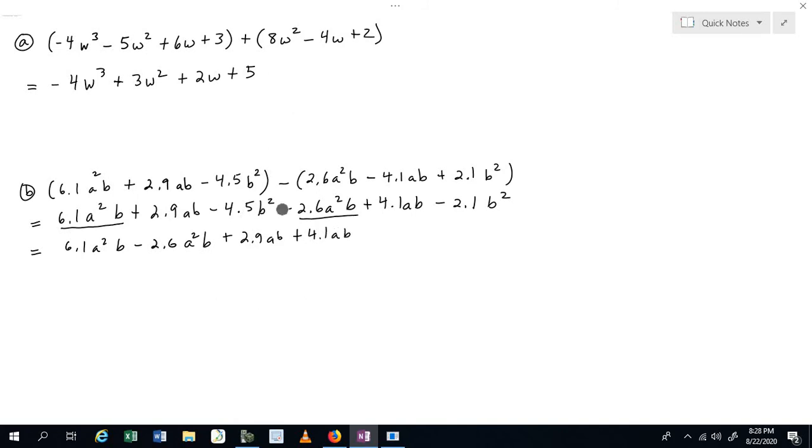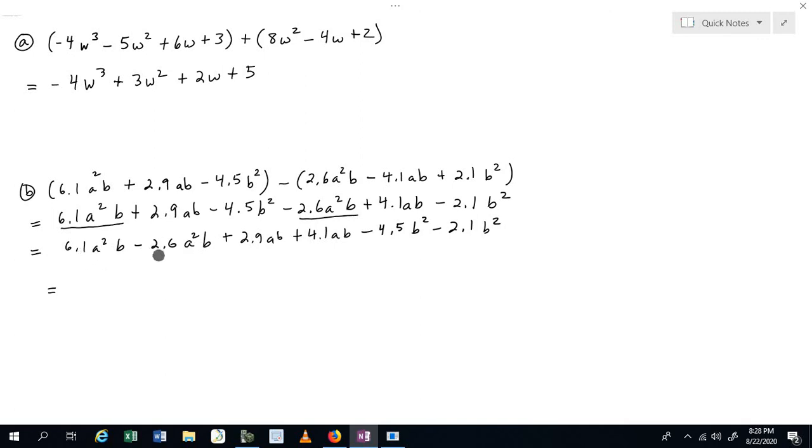And then the b squared term can be written next to this b squared term. Okay, so we're kind of grouping the like terms next to each other, and then we can just add their coefficients together if they're like terms.